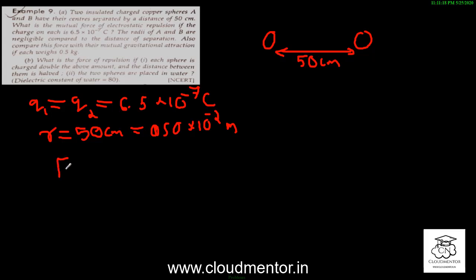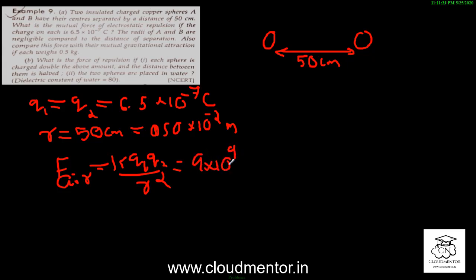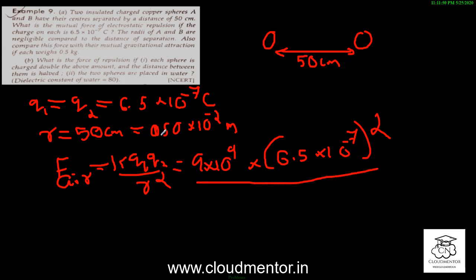So F air will be equal to K Q1 Q2 divided by R square, and that will be 9 into 10 raised to 9, that is the value of k, multiplied by Q1 and Q2, which are the same, 6.5 into 10 raised to minus 7, the whole square, divided by 0.50 the whole square.